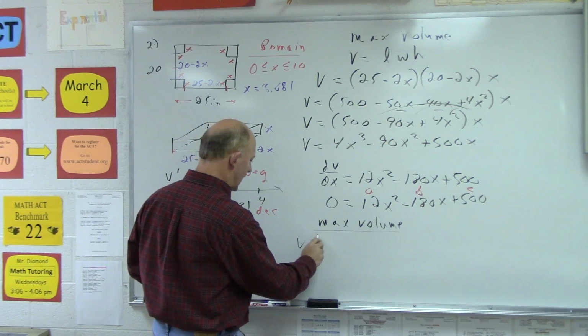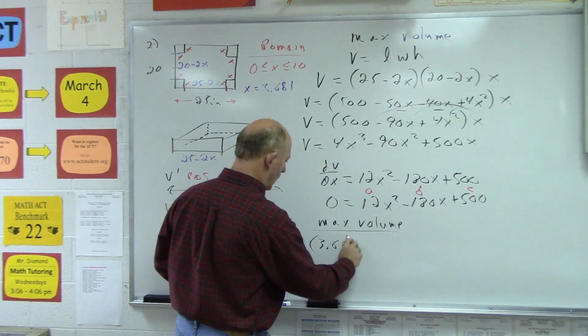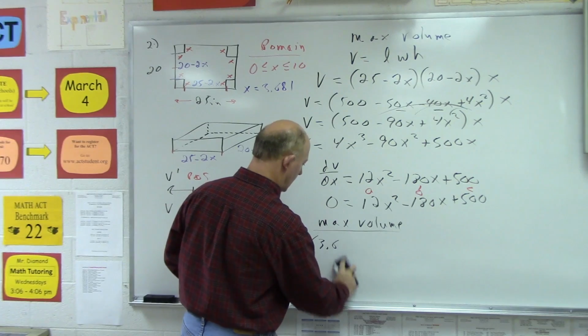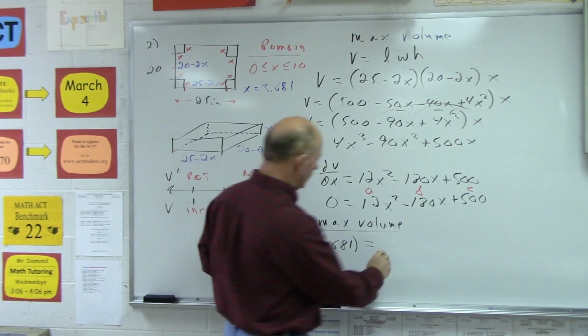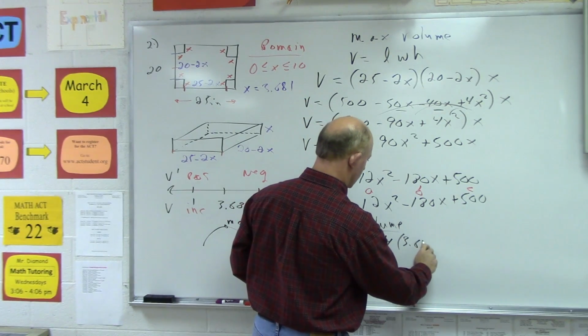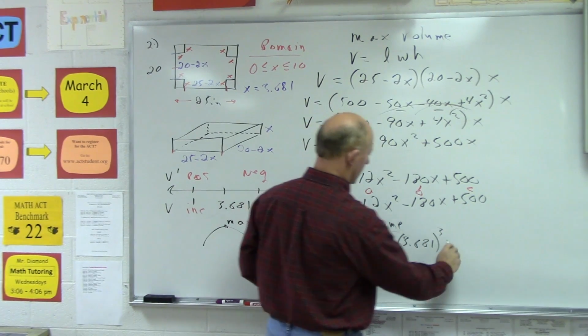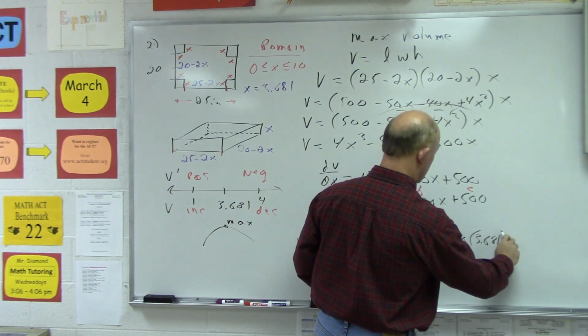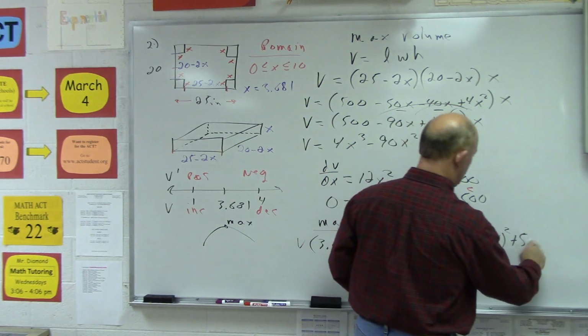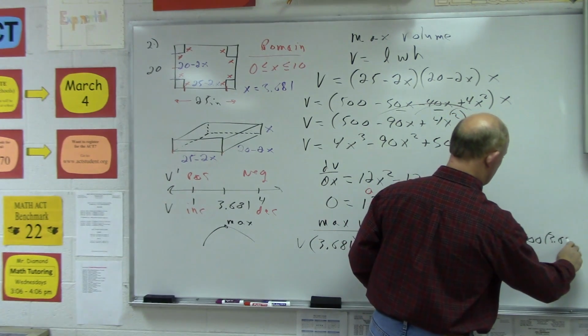So the volume at 3.681 would be 4 times 3.681 cubed minus 90 times 3.681 squared plus 500 times 3.681.